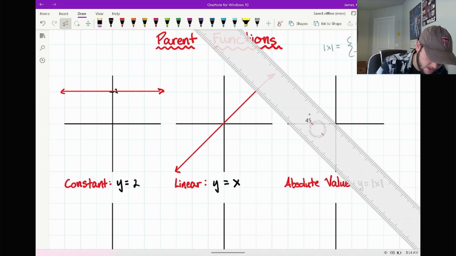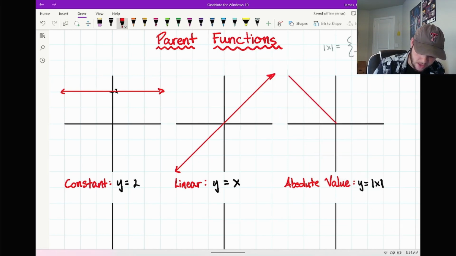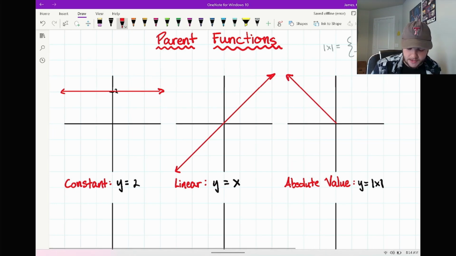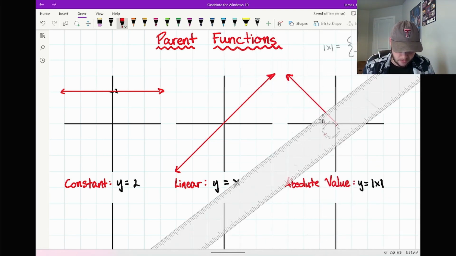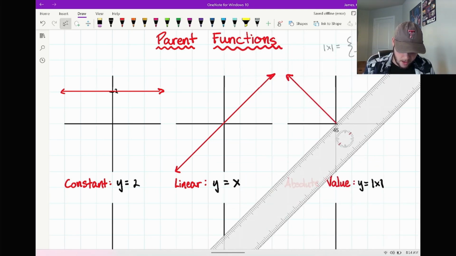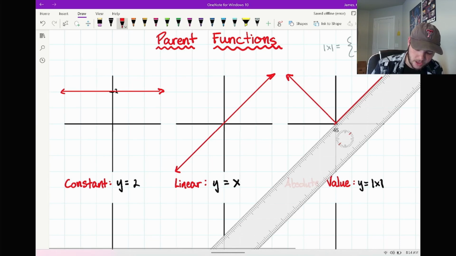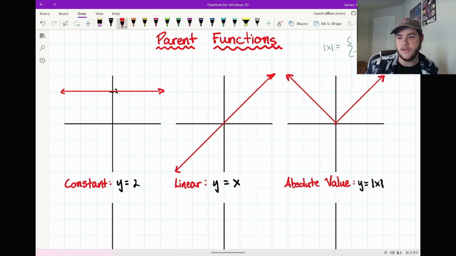I'm going to have this guy just up until 0. And then at 0, I'm going to switch over to this guy that I have graphed here, y equals x. And so the absolute value function gives me this V shape.